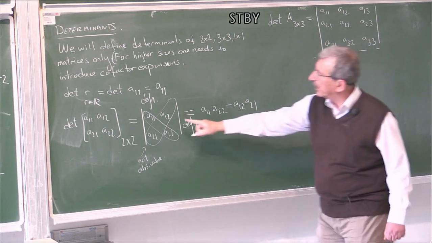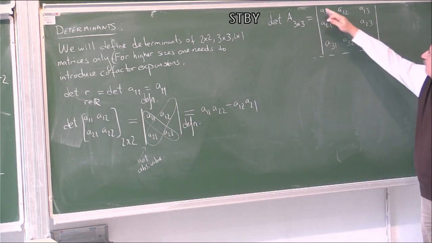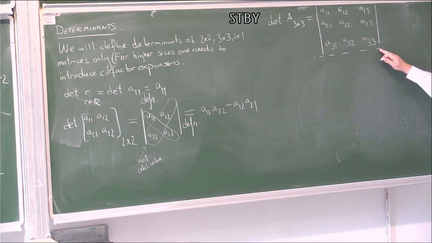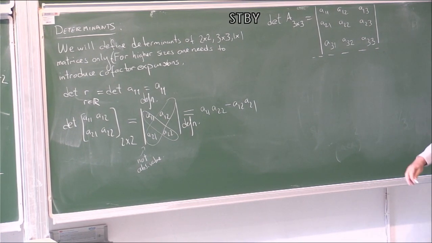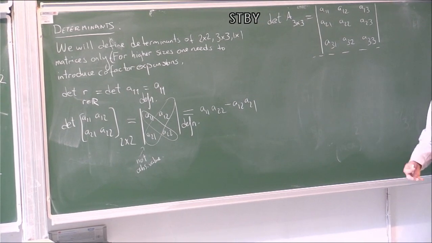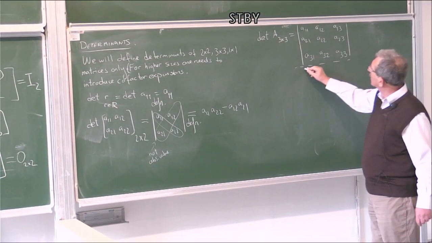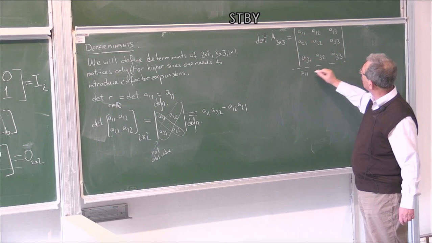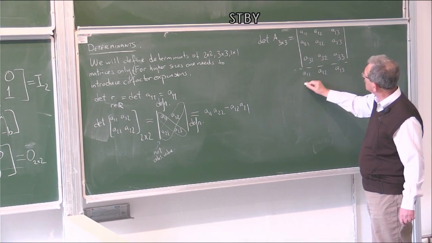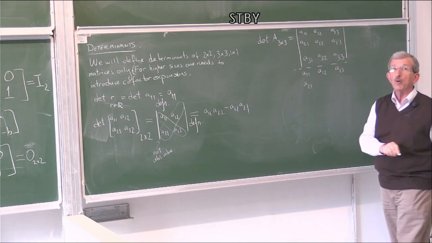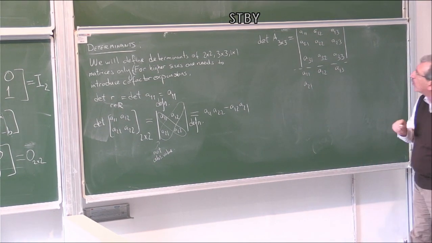Now, unlike this case, if we consider the diagonals, we have only 2 of them. Actually, that's not exactly true. We can extend it a little bit. So add, starting with the first row, repeat these elements just for the purpose of calculating the determinant.